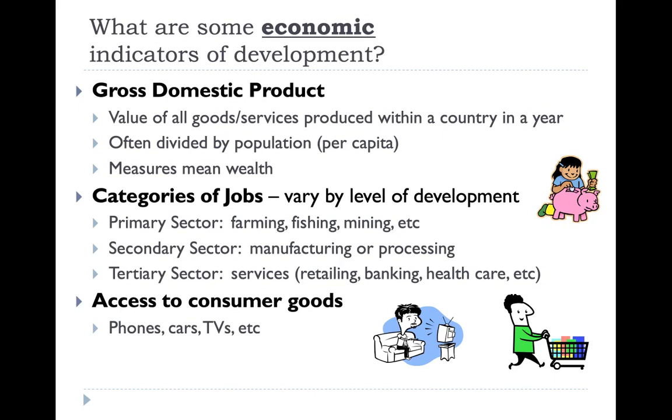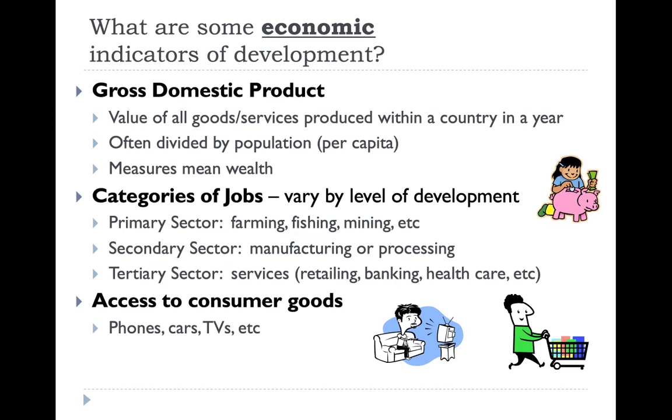So that's like on average, how much money per person are we making in goods and services? Like what's our value? And the GDP per capita measures the average wealth. Okay? So like if you were to add up everybody's money and then divide it by how many people there are, you're going to get your GDP per capita.